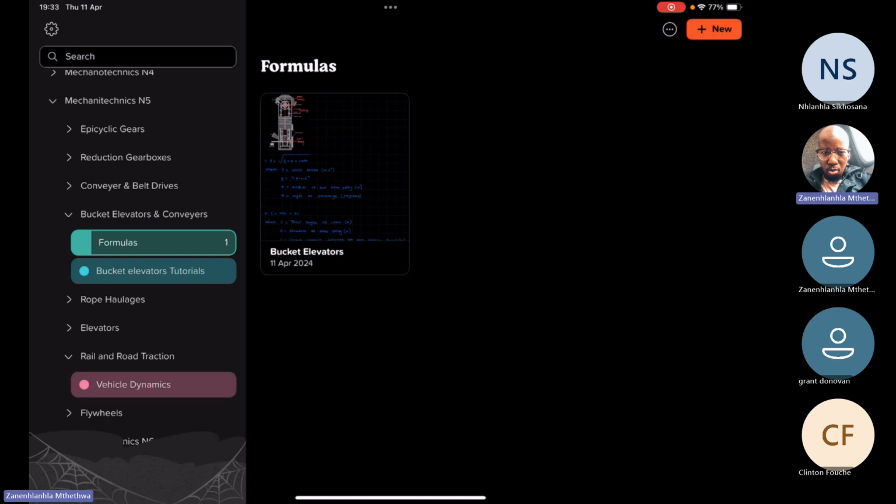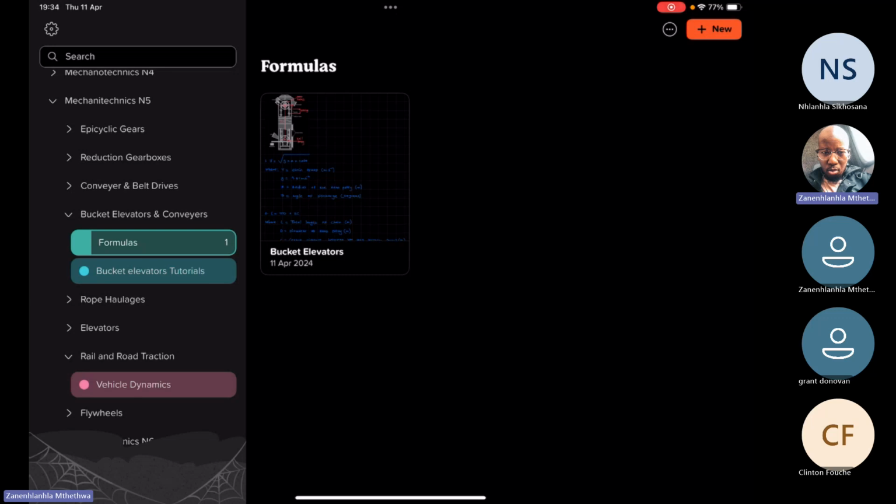Now, of those that carry the most marks, module 3 and module 4, you should be fine with. Module 3, especially, you did it for test 1 and test 2. And bucket elevators being very easy, you should be fine with that. And then ropologies, you can do the entire weekend because at this point, I would think that you are fine with epicyclic gears, reduction gearboxes, as well as module 3.